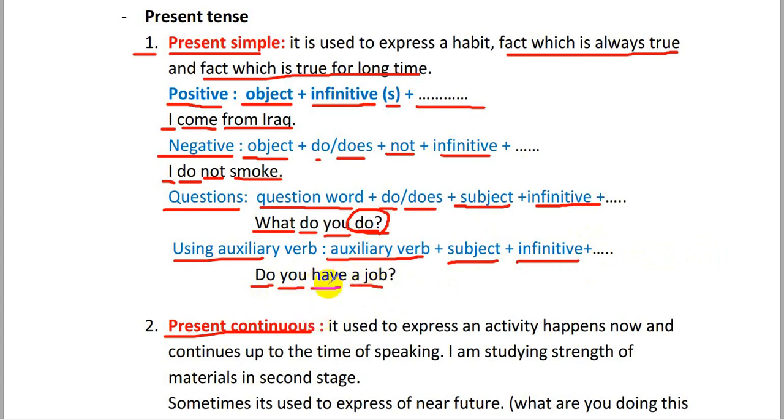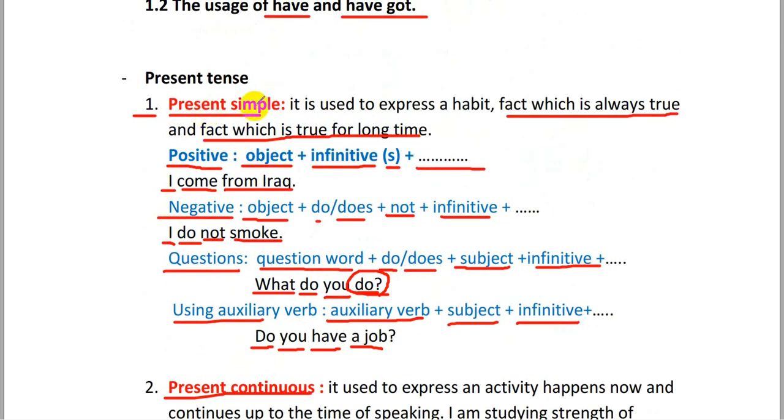Have the main verb, which is infinitive. You is the subject. Do is the auxiliary verb. Does she have a job? We use does because the subject she, while here we use do because the subject is you.